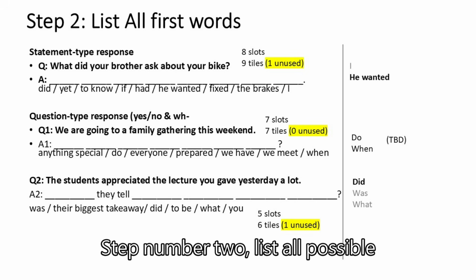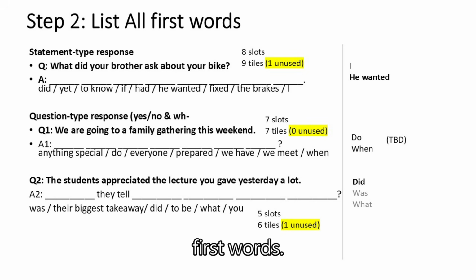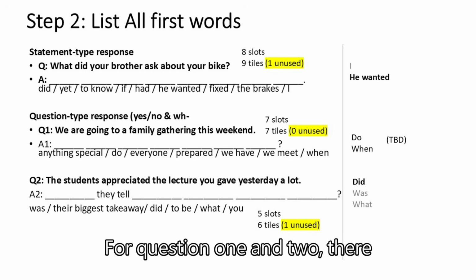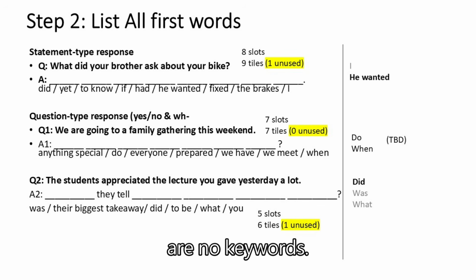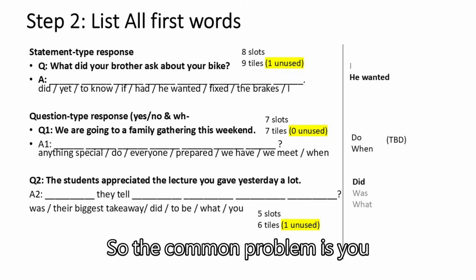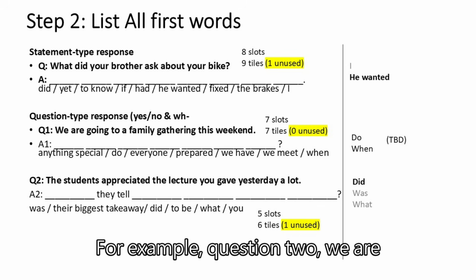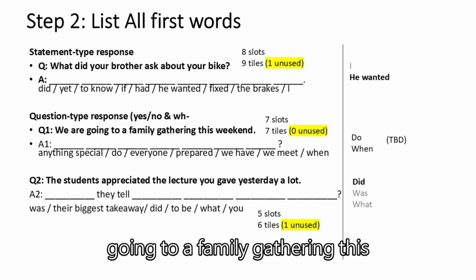Step number 2, list all possible first words. Again, look at these 3 questions. For question 1 and 2, there are no keywords. Everything is blank. So the common problem is you don't really know where to start. You pick one word and then you get stuck. For example, question 2, we are going to a family gathering this weekend.